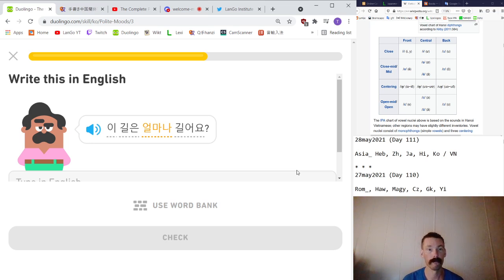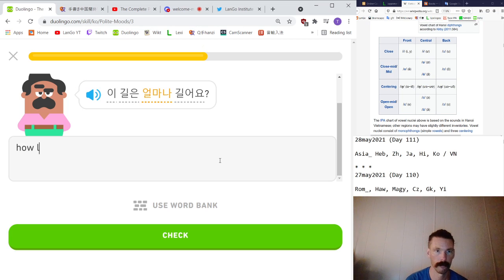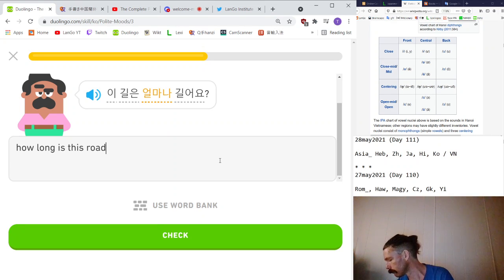Just one moment. 이 길은 얼마나 길어요? So this 길 means the road. Yep. 얼마나, how much? Sort of. See, and then the verb to road.